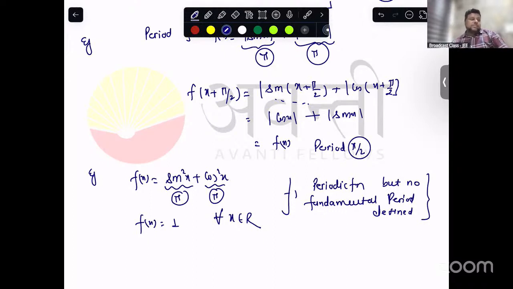Periodic function, but no fundamental period defined. Got it?